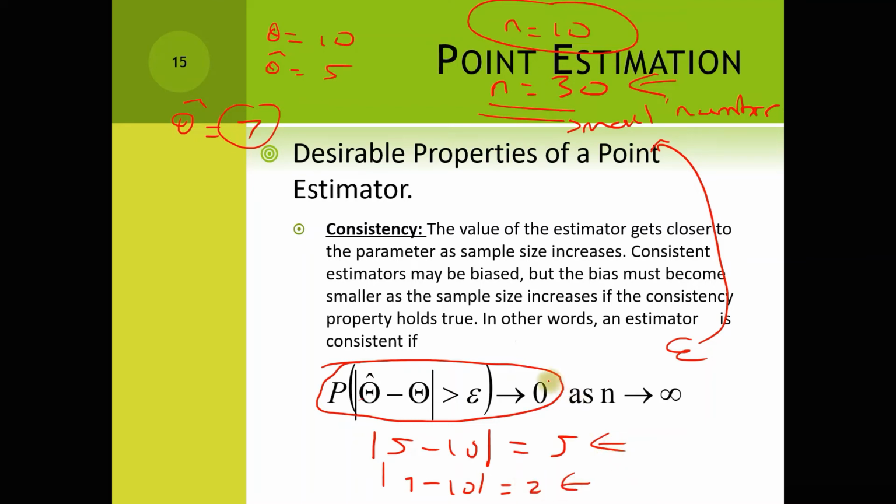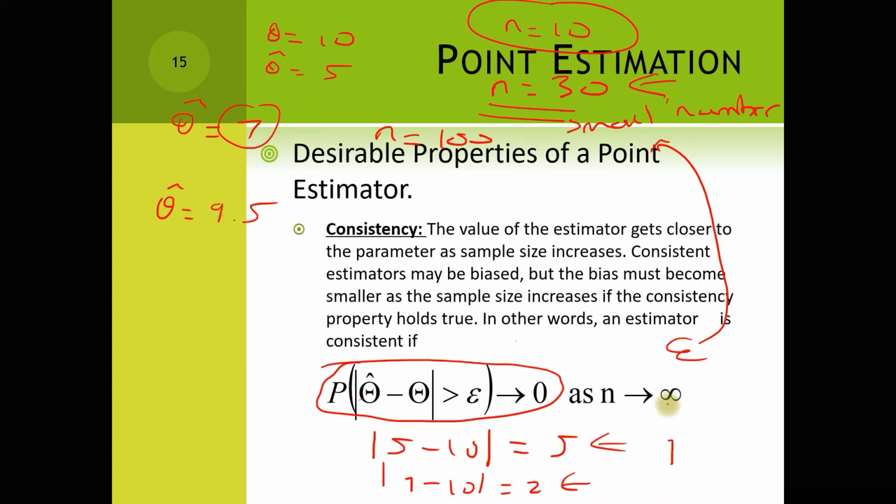Now the probability of getting even a smaller difference is getting smaller and smaller. In other words, if I increase the sample size more, n to 100, you might see that now my theta cap will become very close to 10, maybe 9.5.